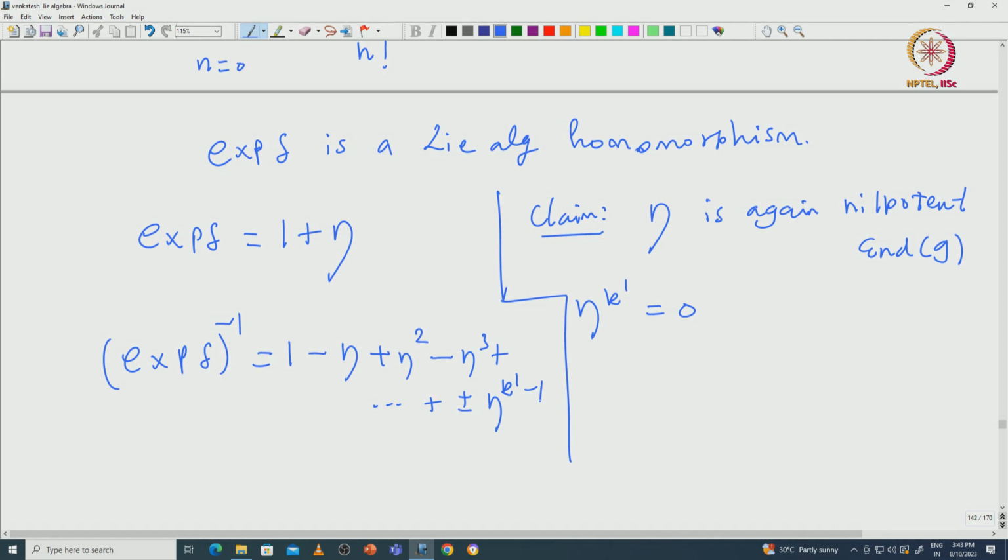I will leave it to you to check this is the correct inverse for exponential delta when you write exponential delta equal to 1 plus eta. Now let us check what is this eta and why it is actually nilpotent.